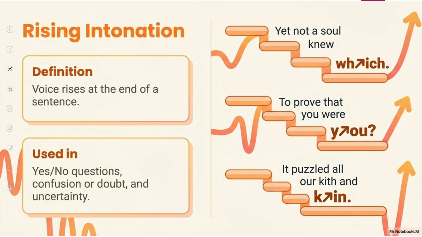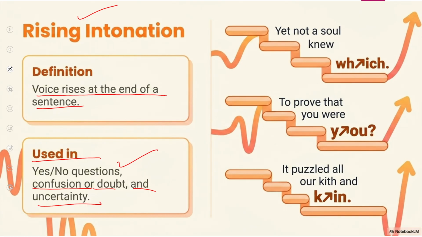Now, look at rising intonation. That is the second type of intonation. The voice rises at the end of a sentence, right? Used in yes-no questions, confusion or doubt, and uncertainty. Look at this. Yet not a soul knew which, right?